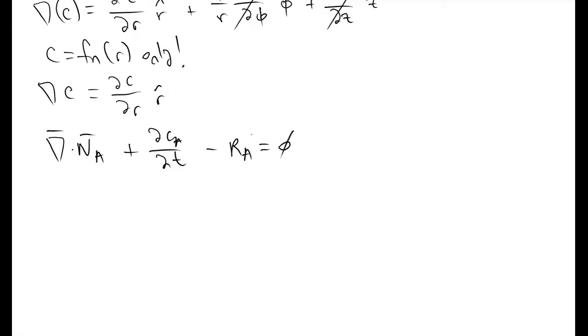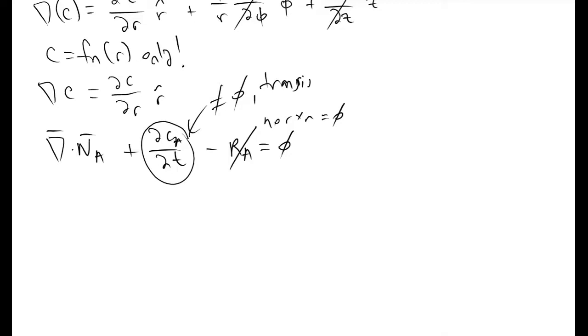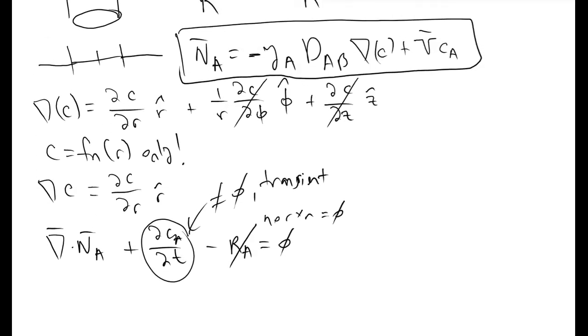In this problem, we can assume that there's no reaction occurring, therefore that term is equal to 0. However, the time derivative term does not equal 0 because we are working with a transient problem.